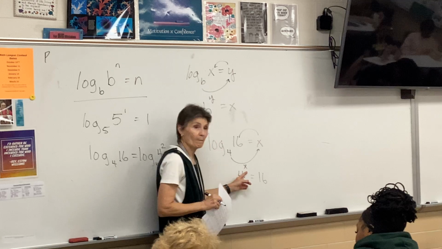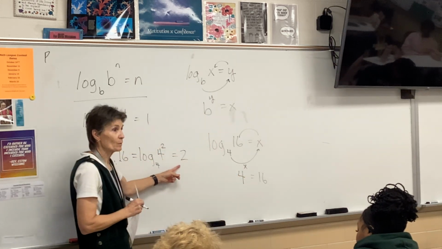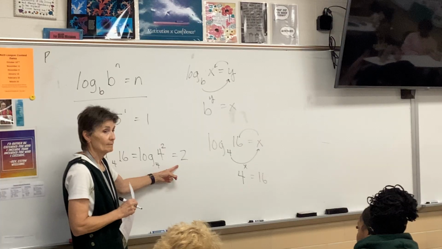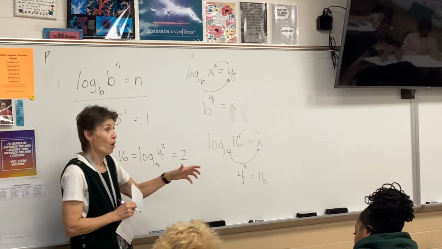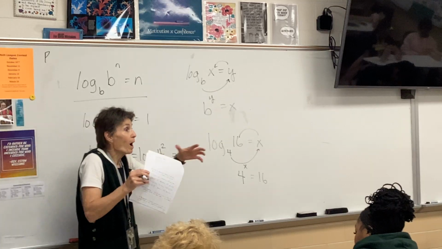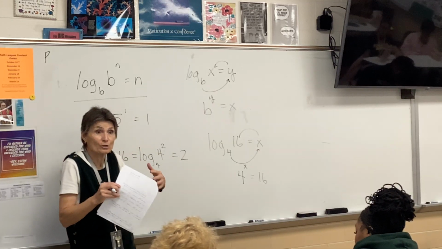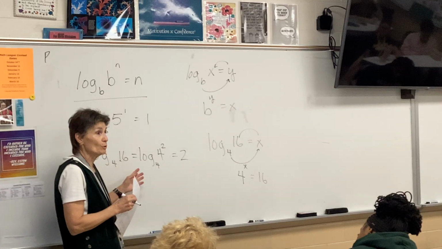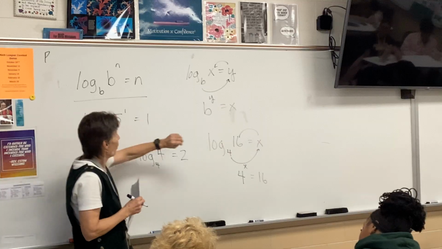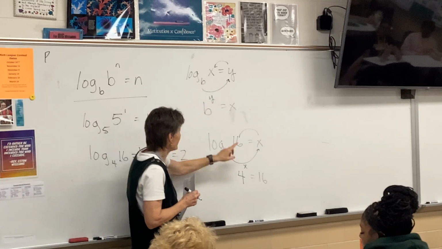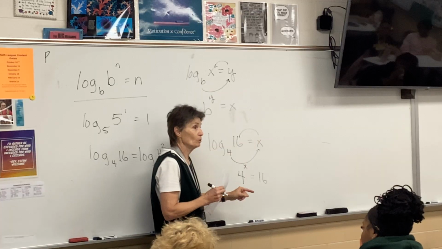Well, 4 to what power is 16? 2. And isn't that the answer we got when we did it the other way? Okay, logarithms can be hard, so I'm giving you options. You're going to do the problems however it makes sense to you to do them. So problem number 2, I could have done this way, or I could have done this way by setting it equal to x and then loop-de-looping it.